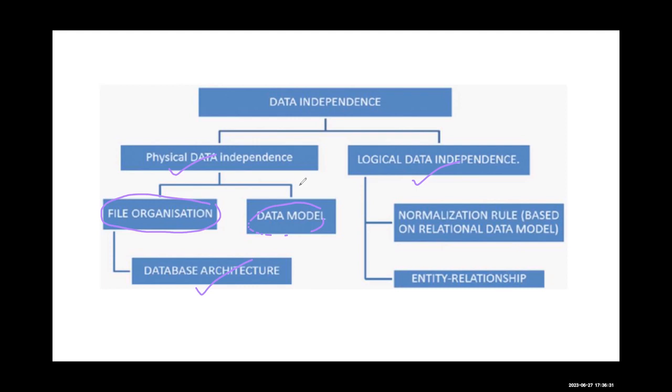That is called physical data independence. Similarly, logical data independence concerns normalization rules and relational rules. We are going to learn normalization in detail, but if you make any changes to the structure, such as the tables you are creating, it will not affect the external schema. That is called logical data independence. So let us see them in detail.